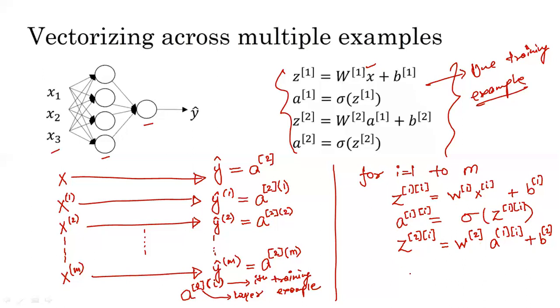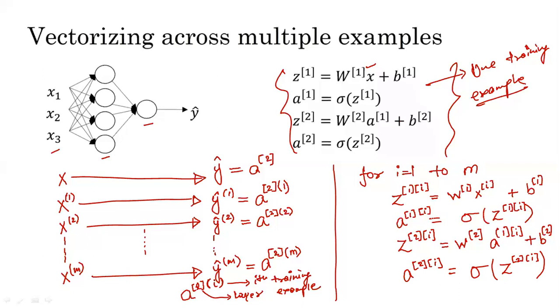Then I need to represent a2 of i, which would be the sigmoid function, and inside it I write z2 of i, because this z2 is applied inside the sigmoid function.